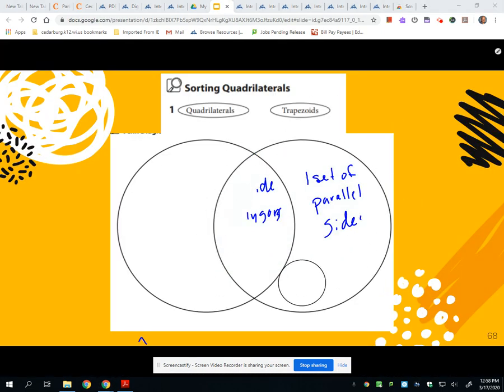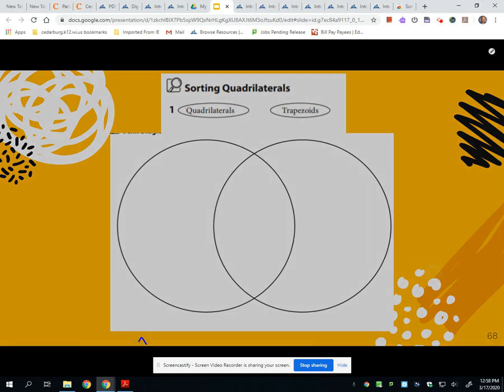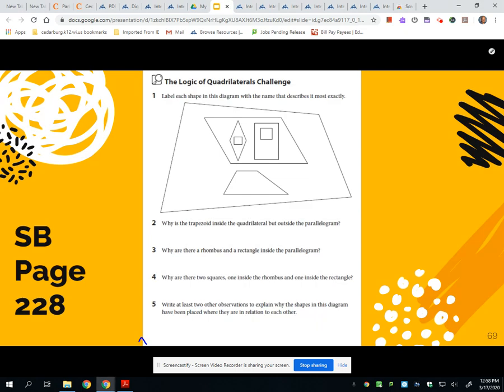All right, so let's take a look at student book, page 228. This one's a little different, a little difficult. It explains everything if you take a look at how this is set up, but label each shape within your diagram, and try to describe each shape.